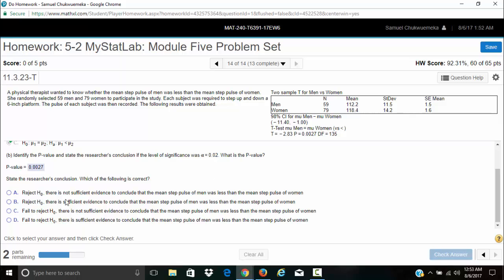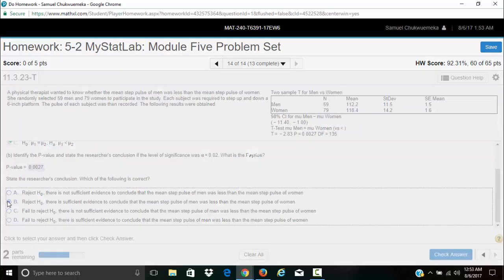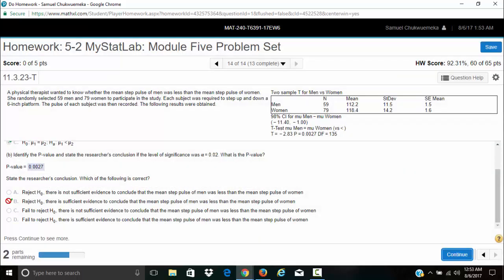So we are looking at options A and B. When you reject the null, that means there is sufficient evidence to conclude that the mean step pulse of men was less than the mean step pulse of women. So the option is B.